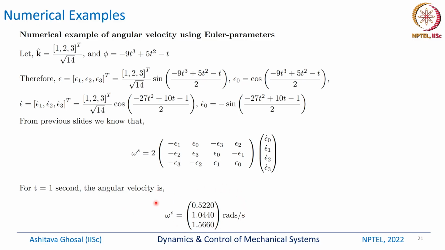And the angular velocity for this example, this numerically chosen k and phi, is given by 0.522, 1.040 and 1.566. So this is a space fixed angular velocity vector for k and phi chosen randomly.